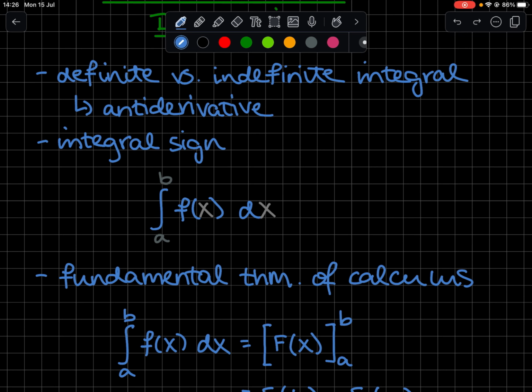So they can be, for example, 2 and 5. Our function can be, again, 2x and then the dx. So this is the form of a definite integral. And what this means is that the integral is evaluated between 2 and 5.